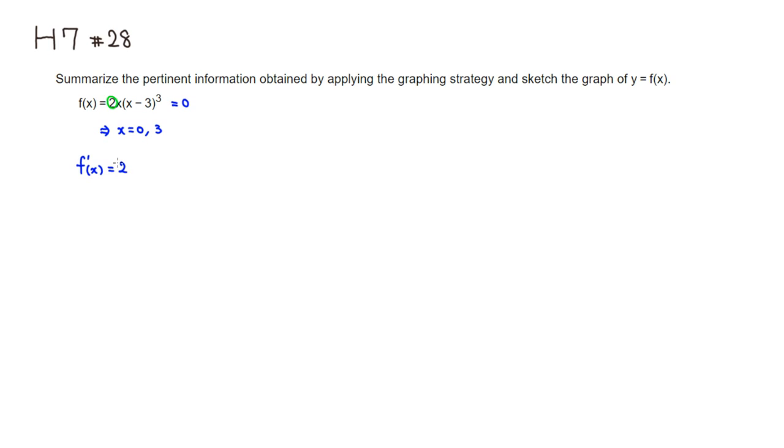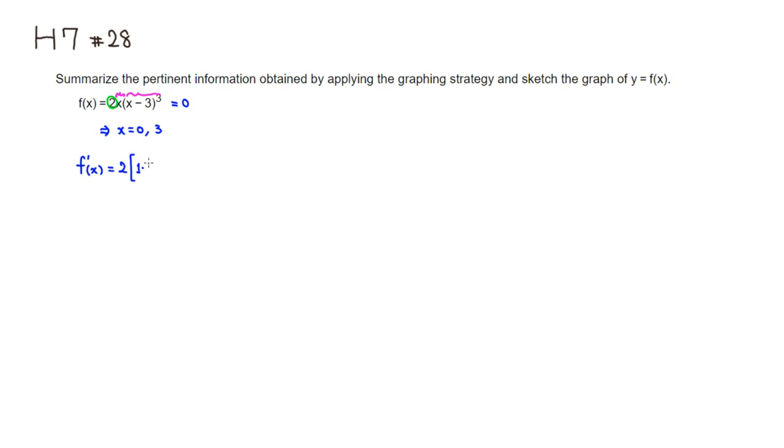Then I'm going to use the product rule because we have two things: this is the first, this is the second. Derivative of x is 1.